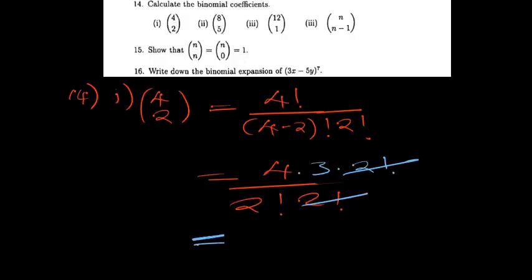So 4 divided by 2 becomes 2. So for the first part, the answer there is a 2. Is it a 2? No, there's a 3 there. So let me do the calculations properly there.